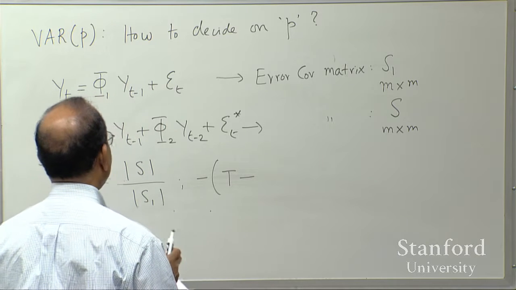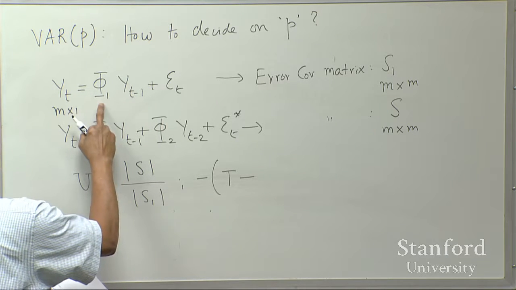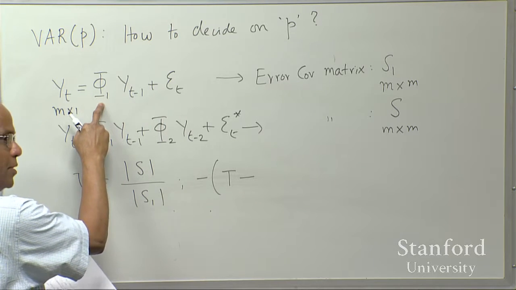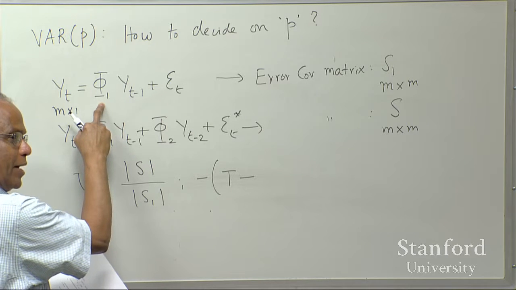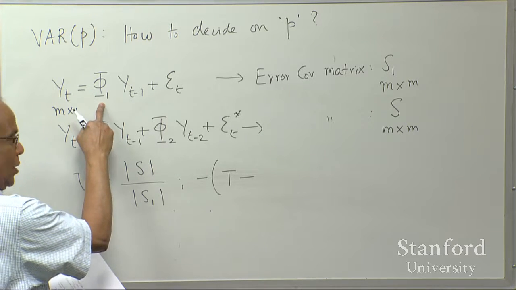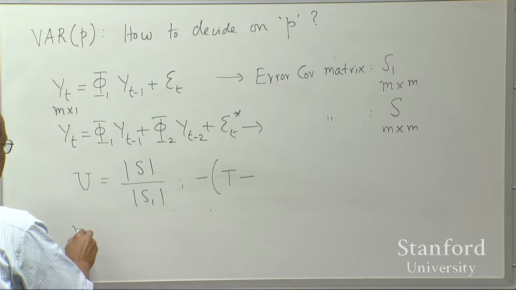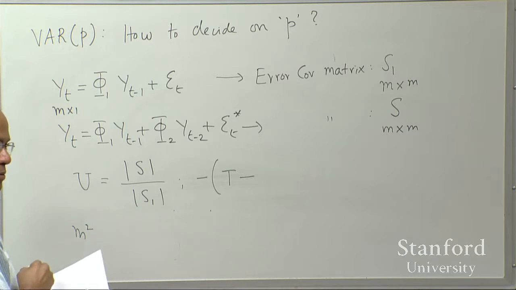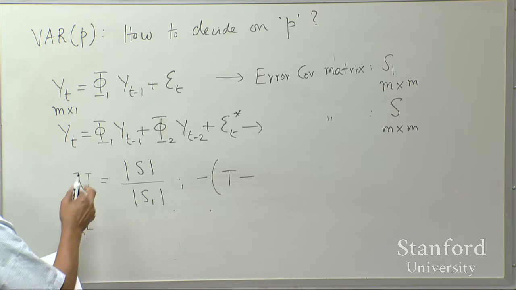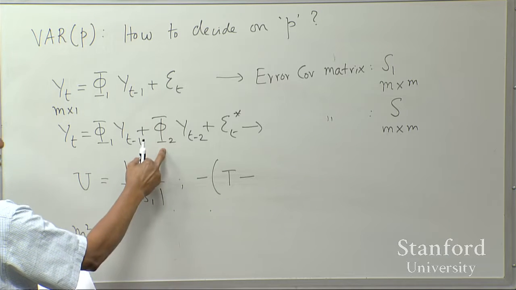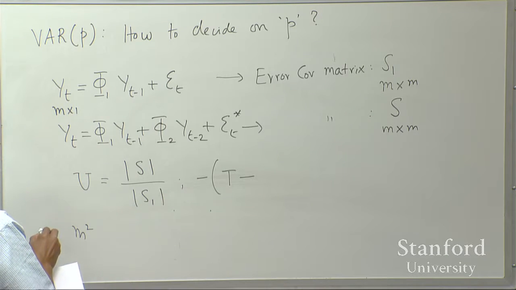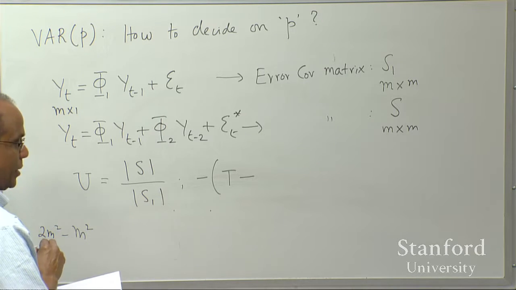For instance, how many parameters do we need to estimate here? Pi 1 is going to be of dimension m by m, so you'll be estimating m squared numbers. In the second case, you are going to have m squared plus m squared, so you'll be estimating 2m squared. The difference between the two is just m squared.